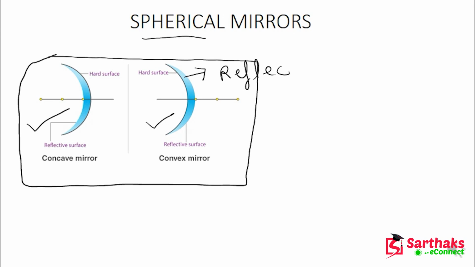The reflective surface is the surface from where light is reflected. In the case of the concave mirror, the light is reflected from the inner side of this spherical mirror, from this side. This is the basic difference between the spherical mirrors.